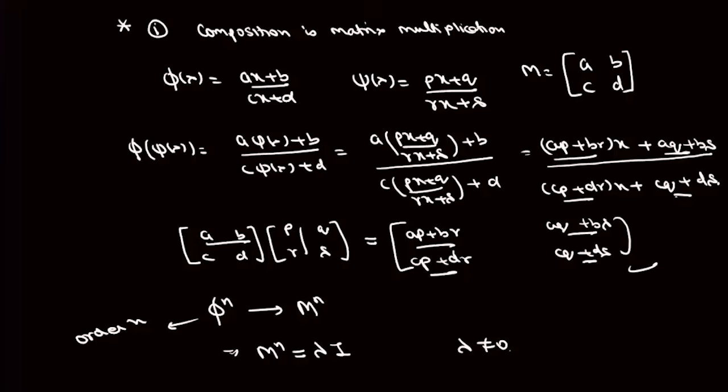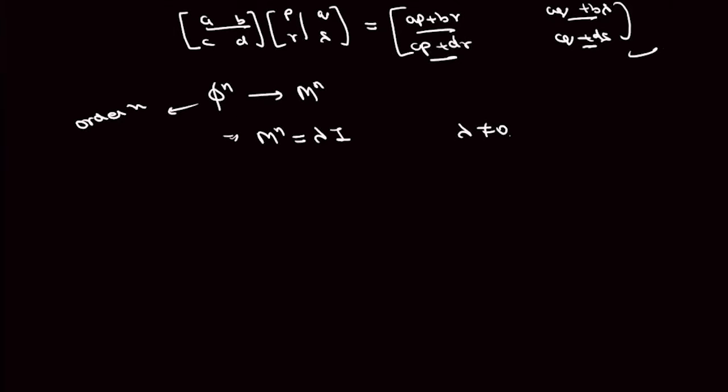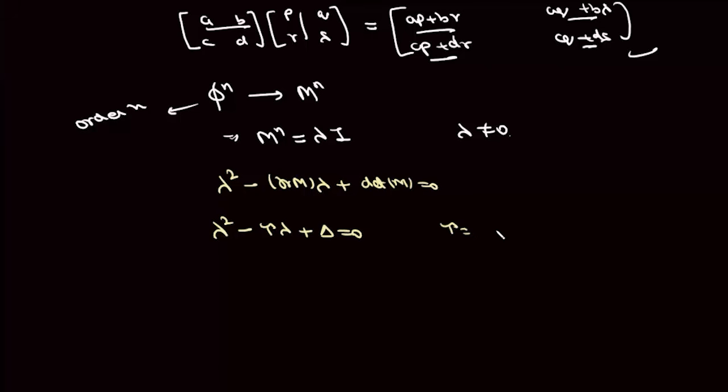For this matrix, the characteristic equation is lambda square minus trace of M into lambda plus determinant of M equals 0. So we can write this as lambda square minus tau lambda plus delta equals 0. Tau in this case is a plus d, and delta is ad minus bc, which is non-zero.